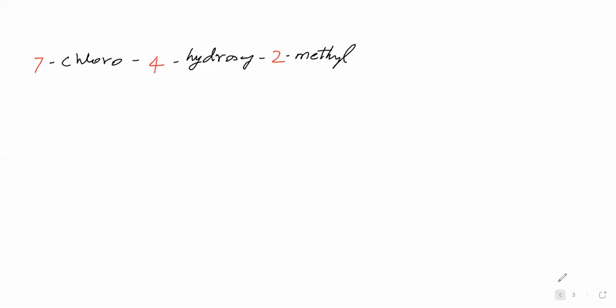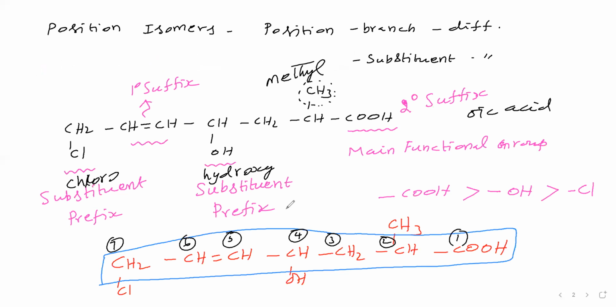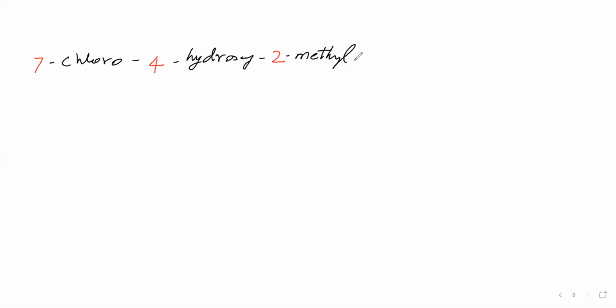Position we say. Then we have to say the root word name. Root word is nothing but the number of carbons in the parent chain. In the parent chain, how many carbons are there? 7. So what is the root word? Root word is hept.